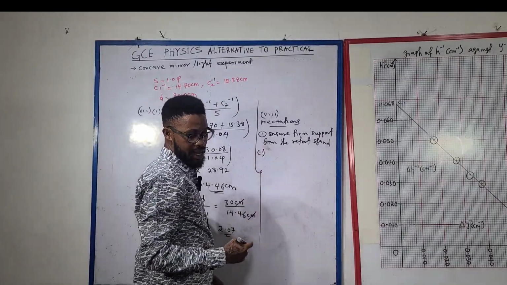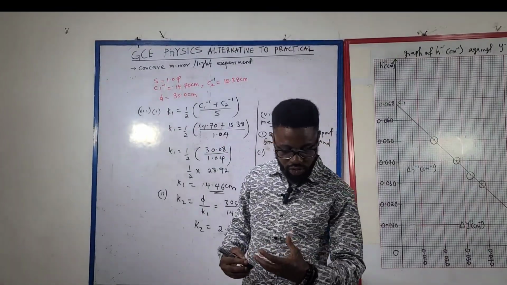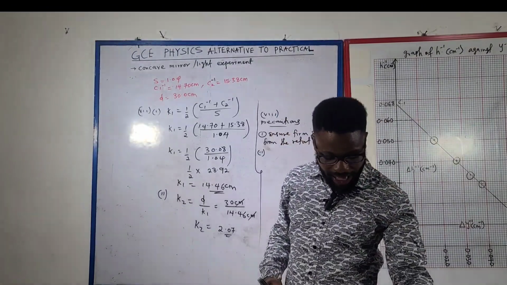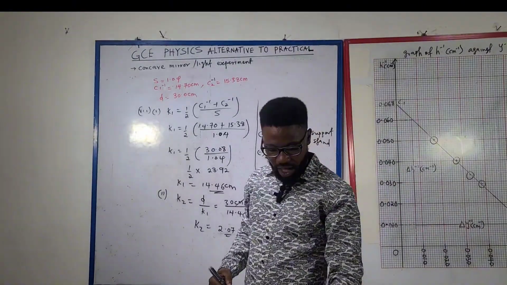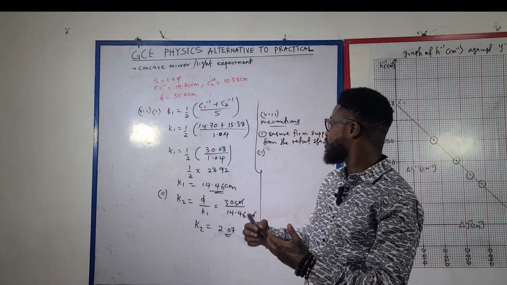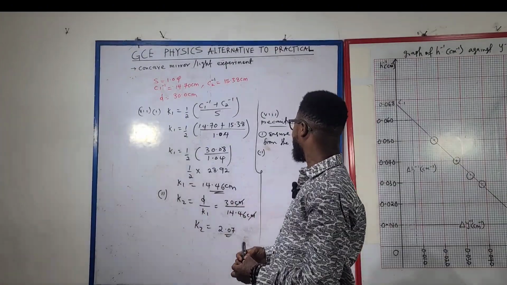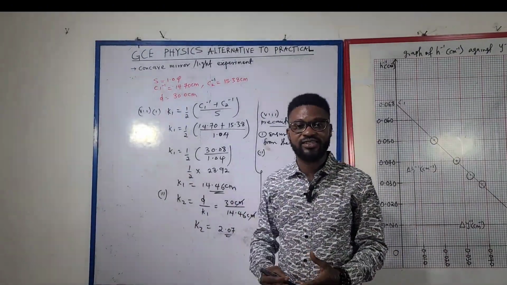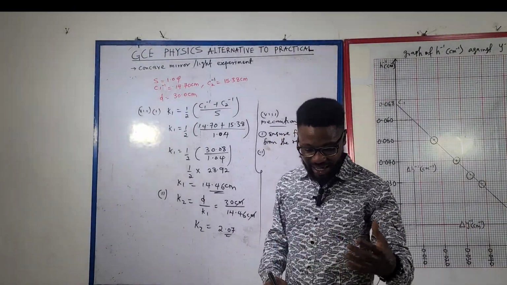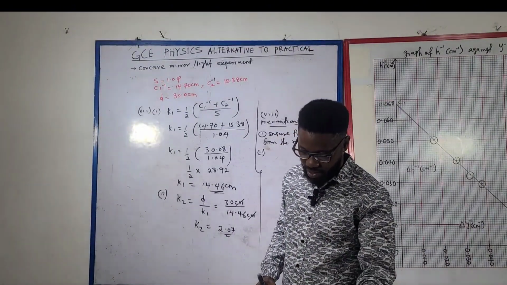Secondly, when you want to get your precautions, you can always look back at the instructions you have on the question. But one precaution we are always using, all of us scientists, is avoiding parallax errors, because of course we are looking at measurement here.